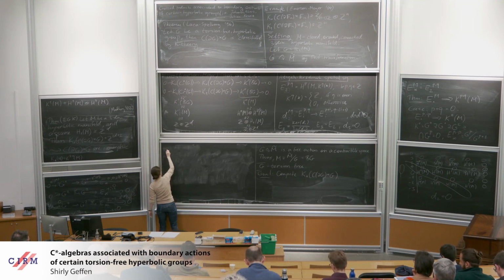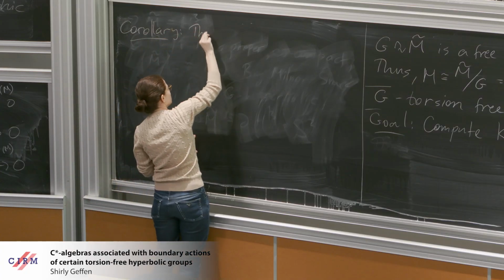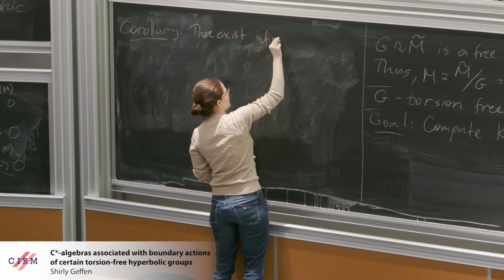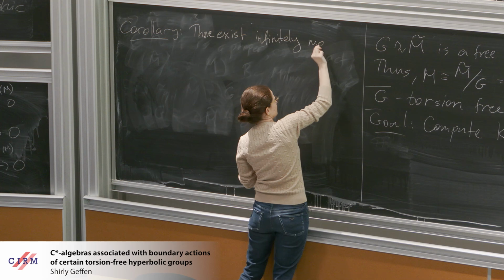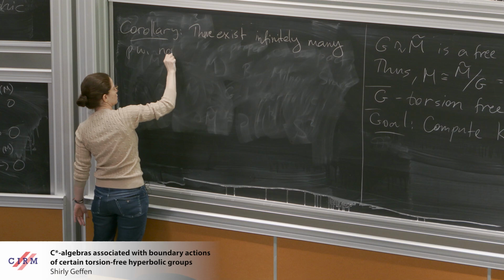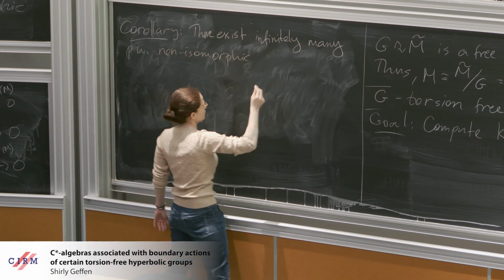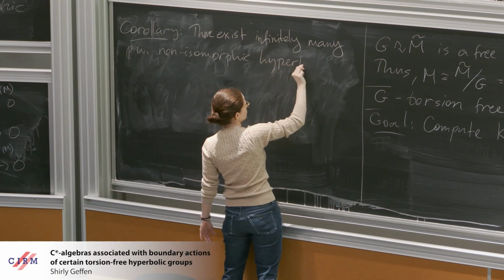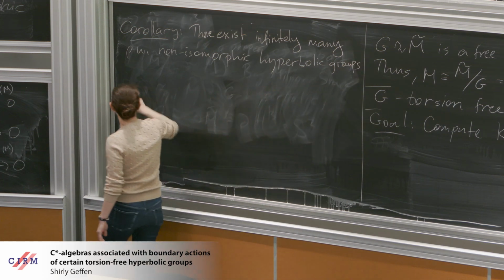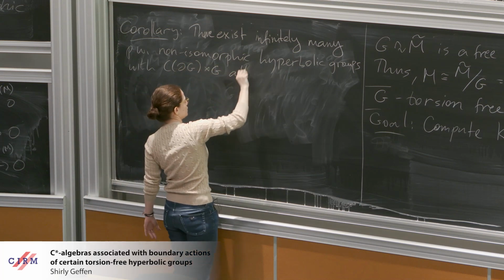So a corollary from that is that there exist infinitely many pairwise non-isomorphic hyperbolic groups, those that we constructed, with the cross products all isomorphic.